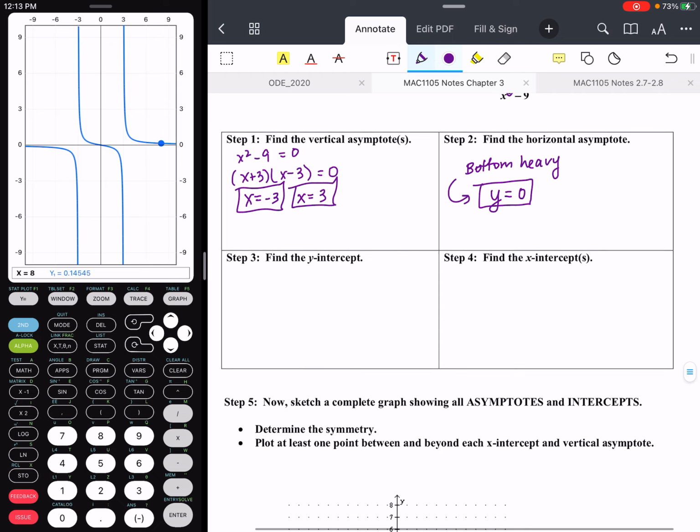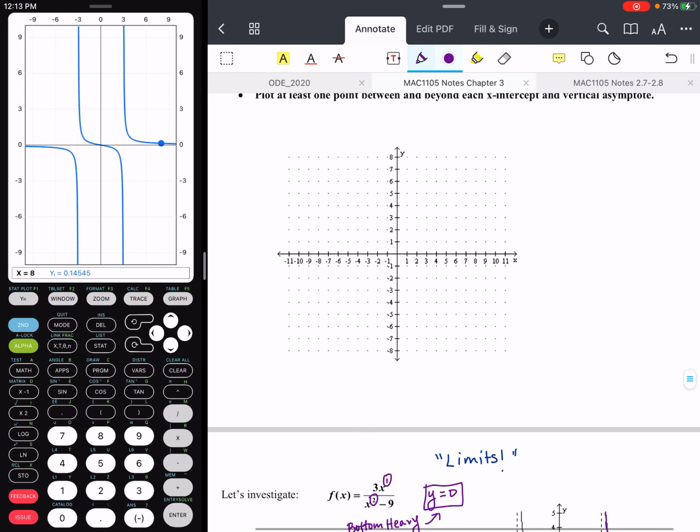So let me go ahead and sketch those. x equals negative 3, and then x equals positive 3, and then my horizontal asymptote y equals 0. Okay, there we go.